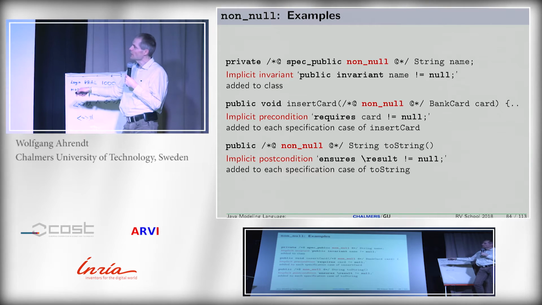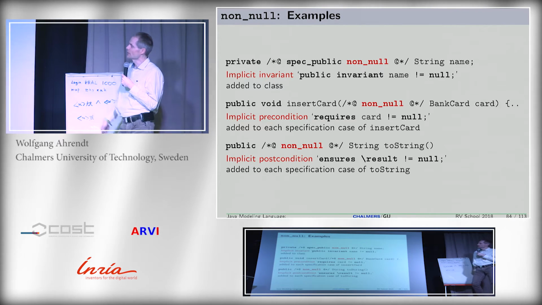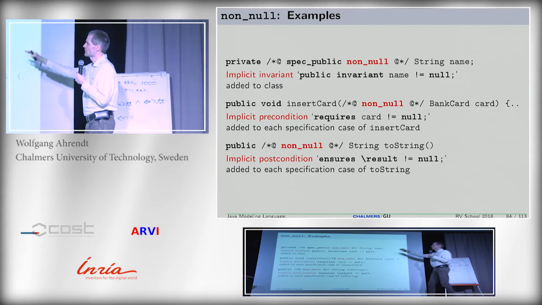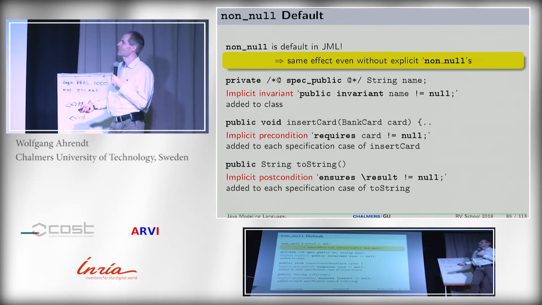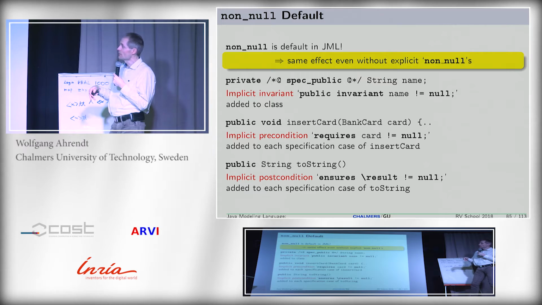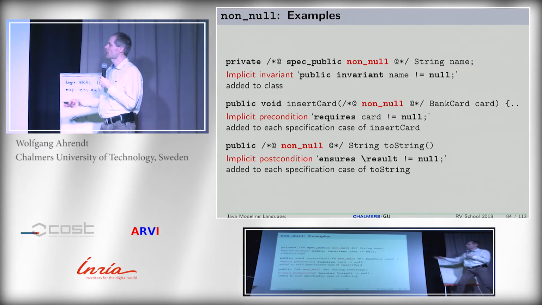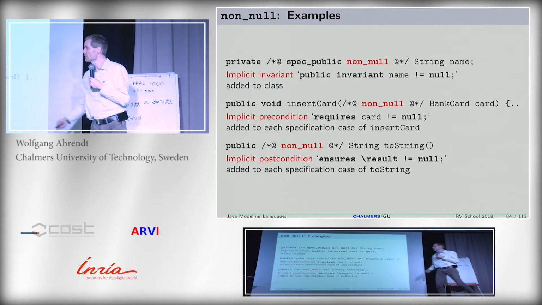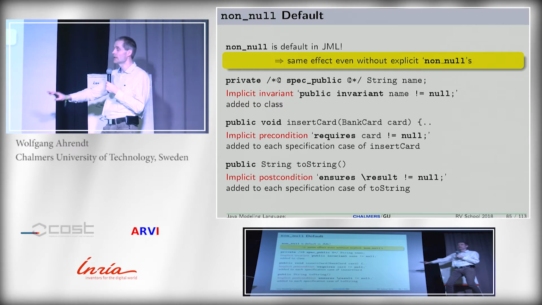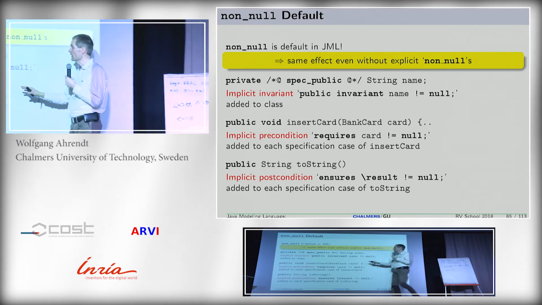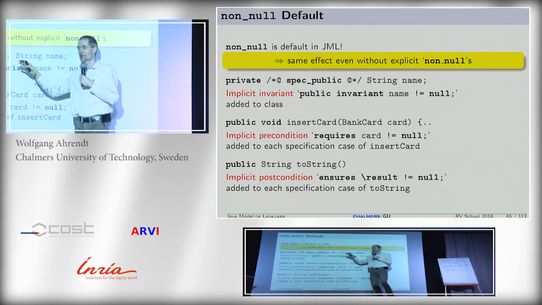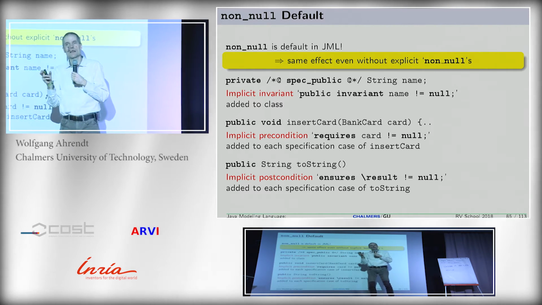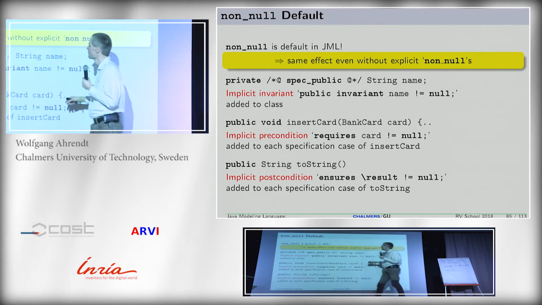And it can all be compiled away into ensures, requires, or invariant, but you don't need to do that. Non-null is the default, so you don't even need to write these things here. So if you don't write anything, then we have non-null. And this is actually a problem sometimes, that people are not aware that if they don't write anything, they forbid null.